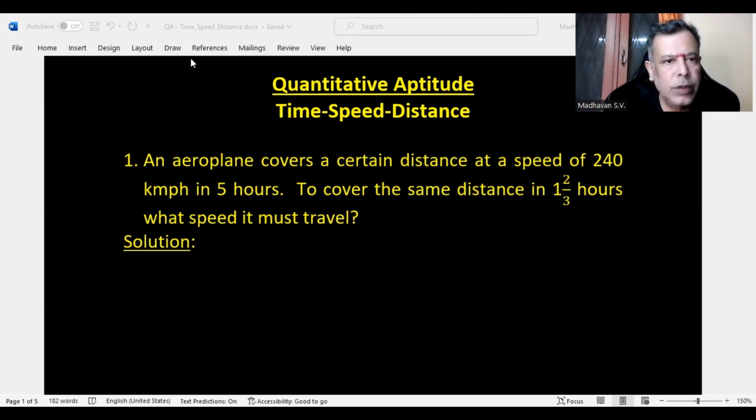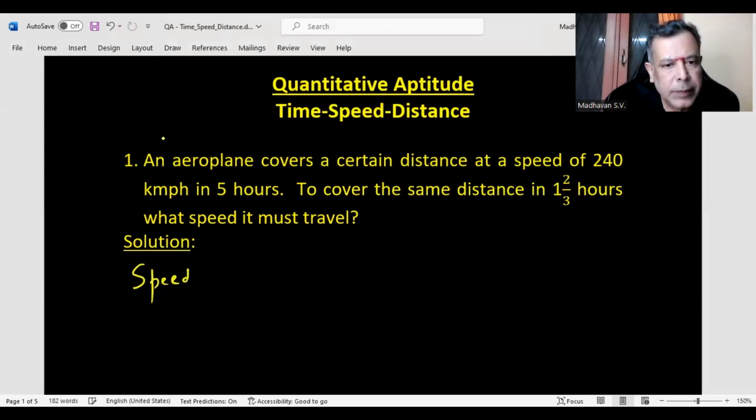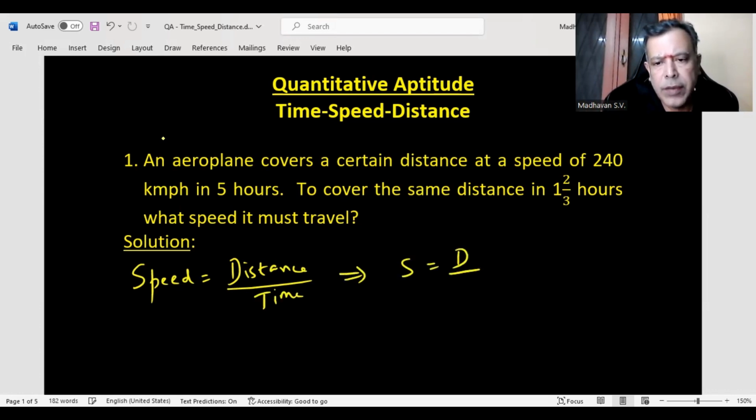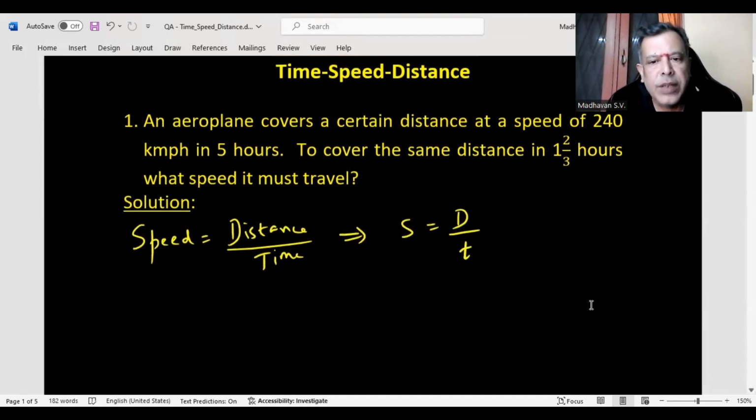So we know, first of all, speed is nothing but distance traveled by time taken. Shortly, we will write it as S is equal to D divided by T. Here they say a speed of 240 kilometers in 5 hours, which means your S is 240.